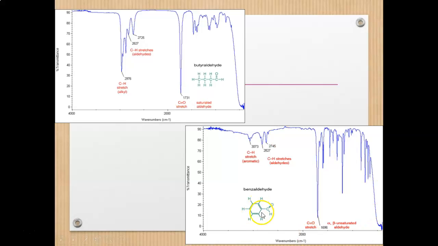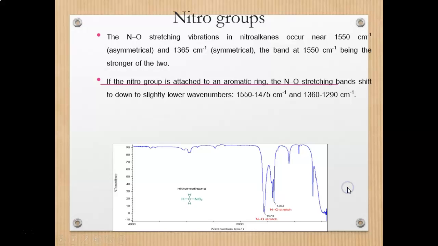Okay, for this benzaldehyde, ada CH, okay. Ada C double bond O and also C double bond C. Ada C double bond C kat sini. Tapi tak tunjuk lah pula. Okay, for nitro group. Nitro stretching vibration in nitroalkane occur between 1550 and 1365 symmetrical.